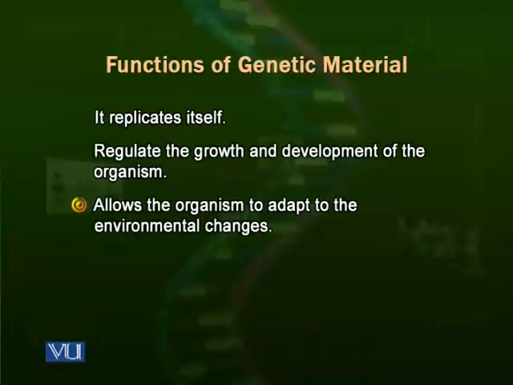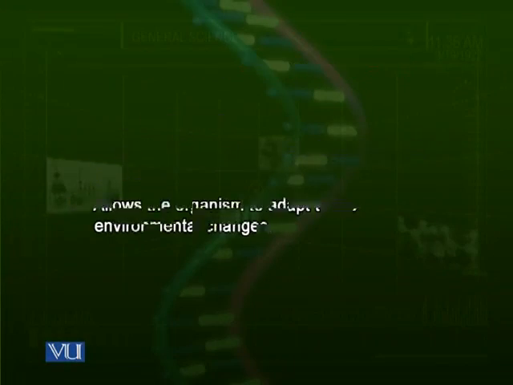The third property is that it allows the organism to adapt to environmental changes. Now we know that the environment is always changing. The temperature around us is always changing with the seasons. The wind blowing around us is always changing. Sometimes there is too much wind, sometimes there is a low breeze. Sometimes it may be very hot, sometimes it may be very cold.